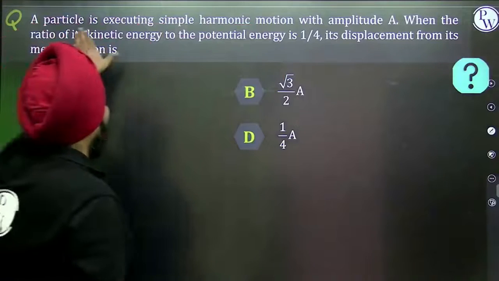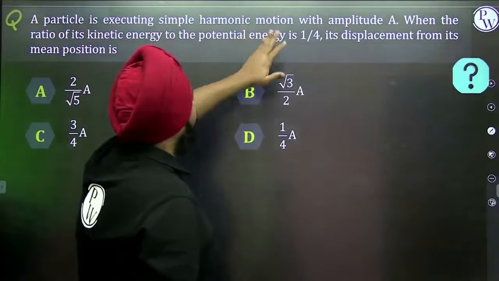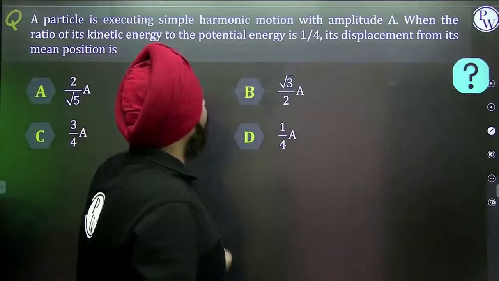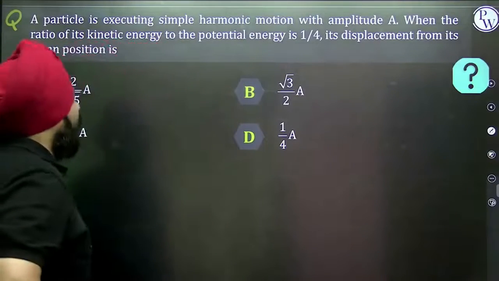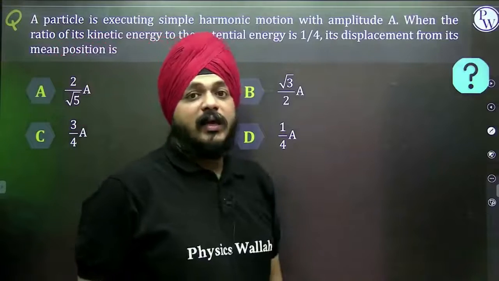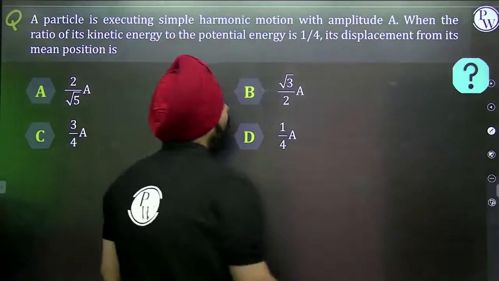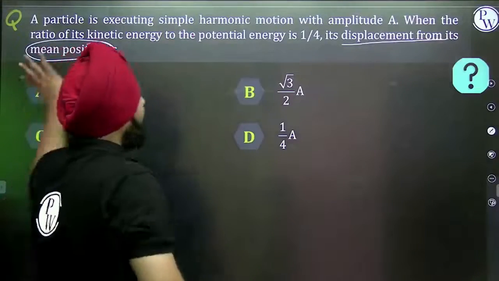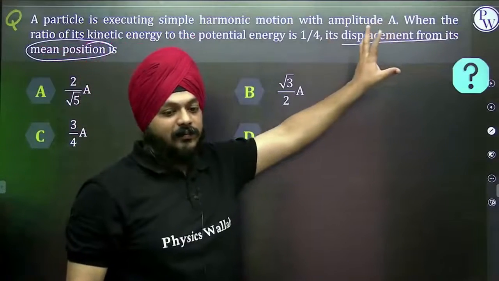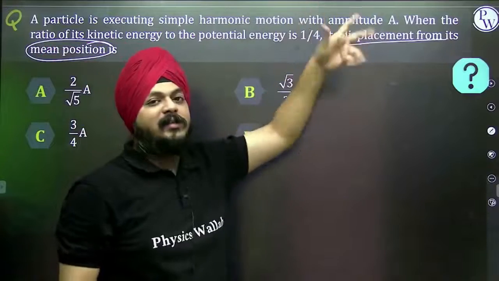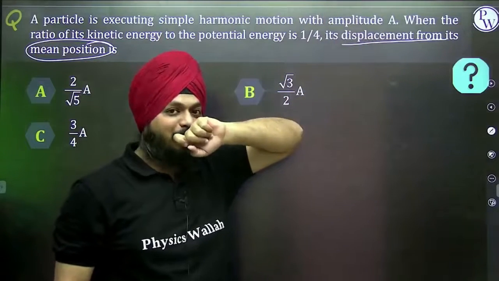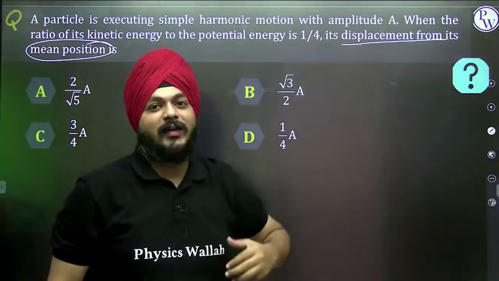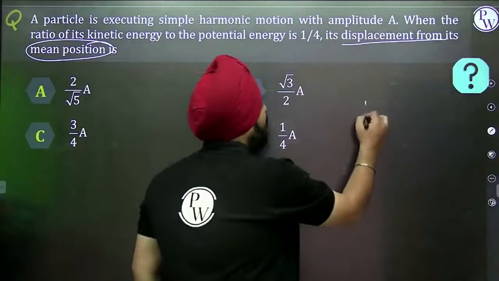Suppose a particle is executing SHM with amplitude A. When the ratio of its kinetic energy and potential energy is 1/4, what is the displacement from its mean position? This part is of the fundamentals of SHM. The ratio of kinetic energy and potential energy is 1/4. This will force us to use the right concepts of energies.